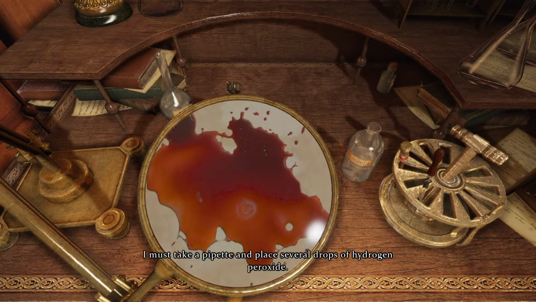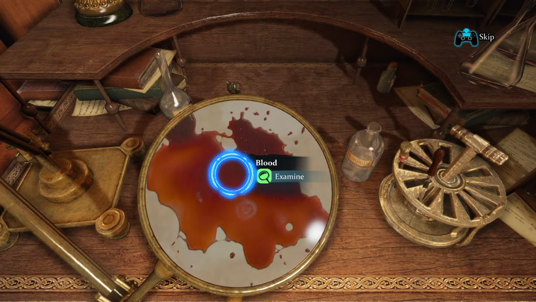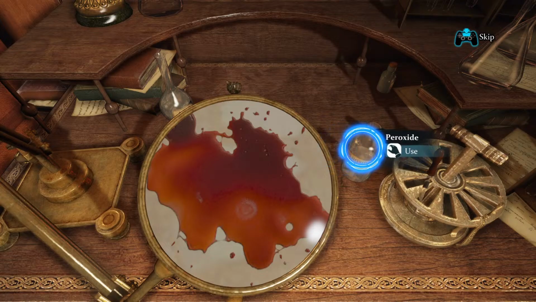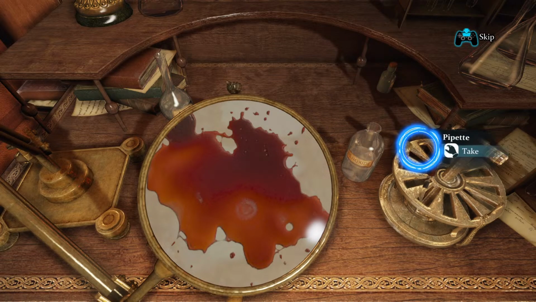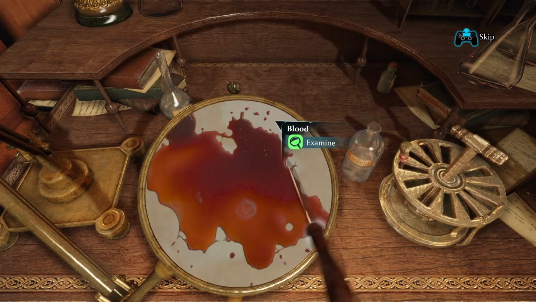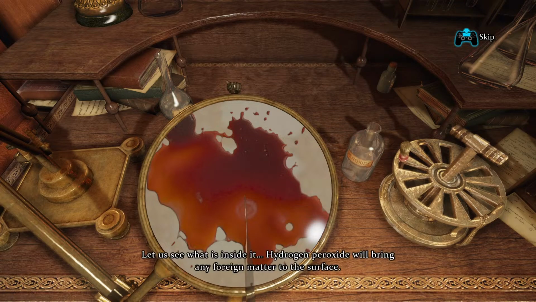I must take a pipette and place several drops of hydrogen peroxide.